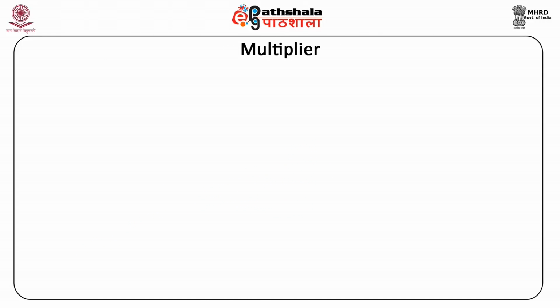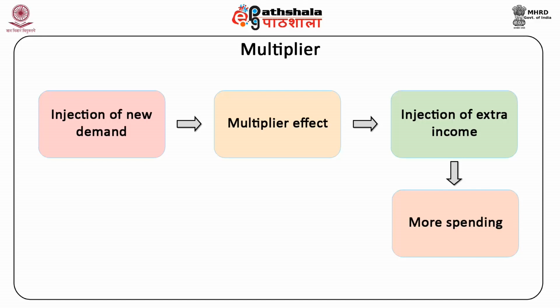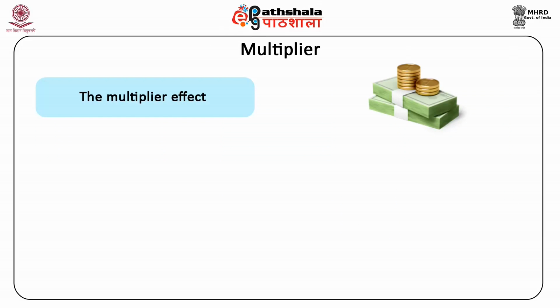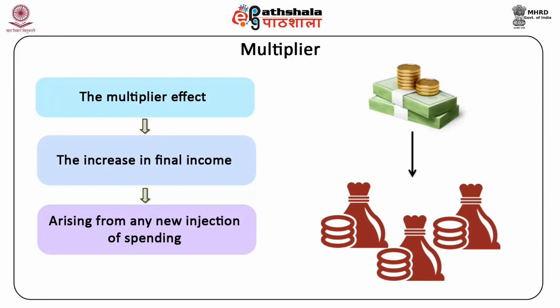Every time there is an injection of new demand into the circular flow, there is likely to be a multiplier effect. This is because an injection of extra income leads to more spending, which creates more income, and so on. The multiplier effect refers to the increase in final income arising from any new injection of spending.